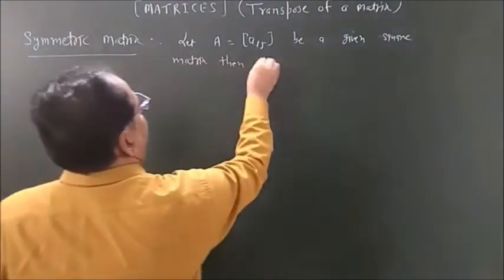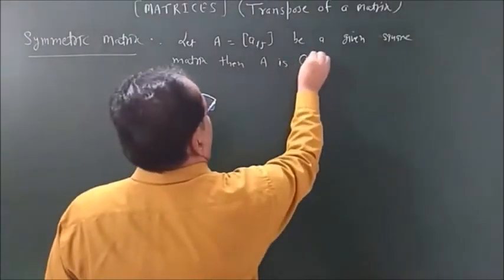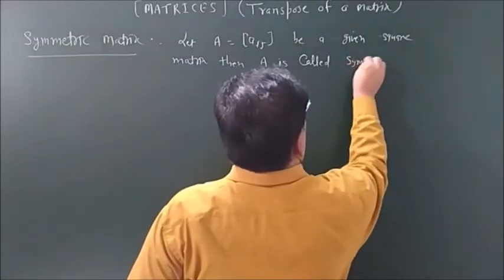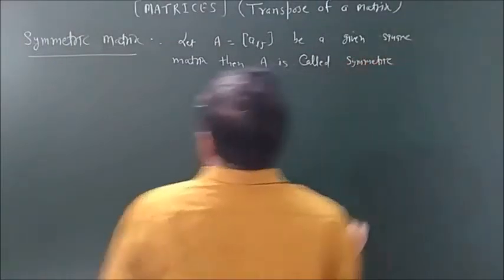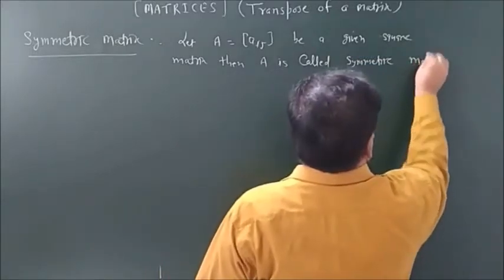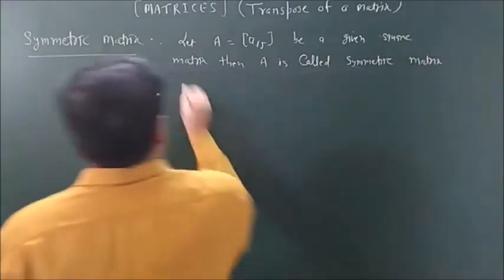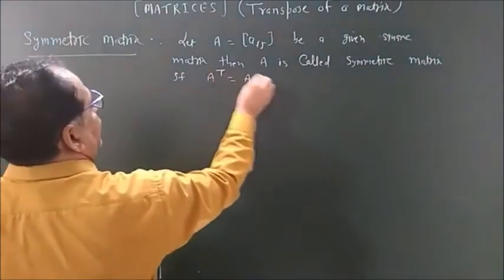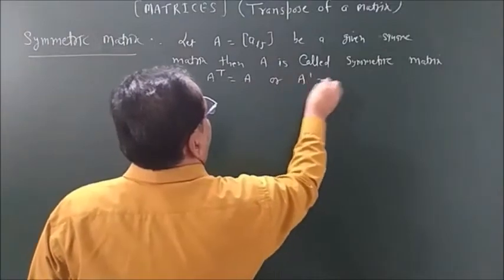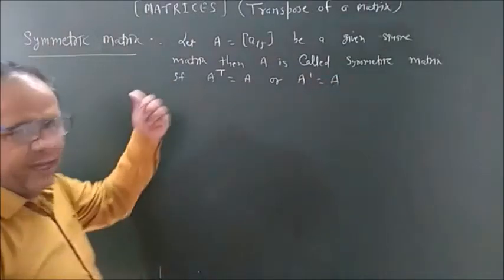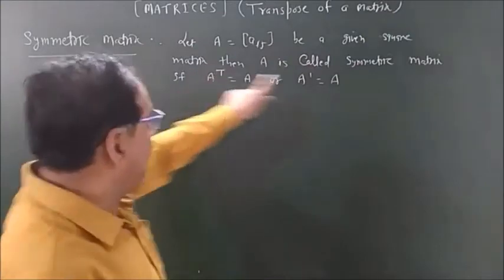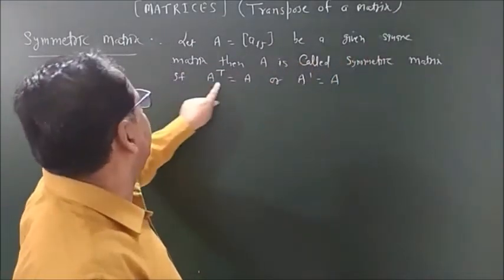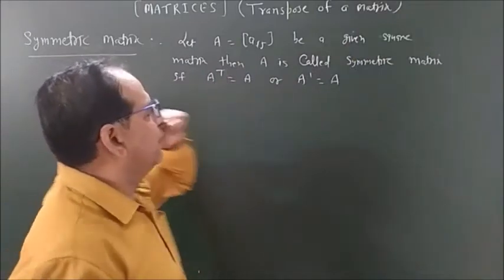Then A is called a symmetric matrix if A transpose equal to A, or A dash equal to A.